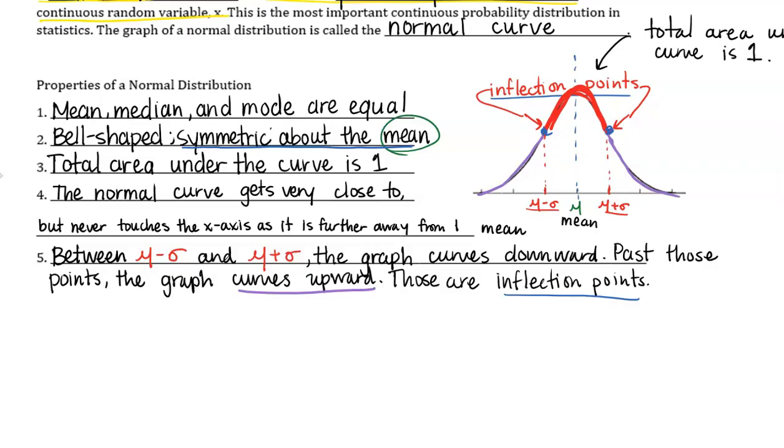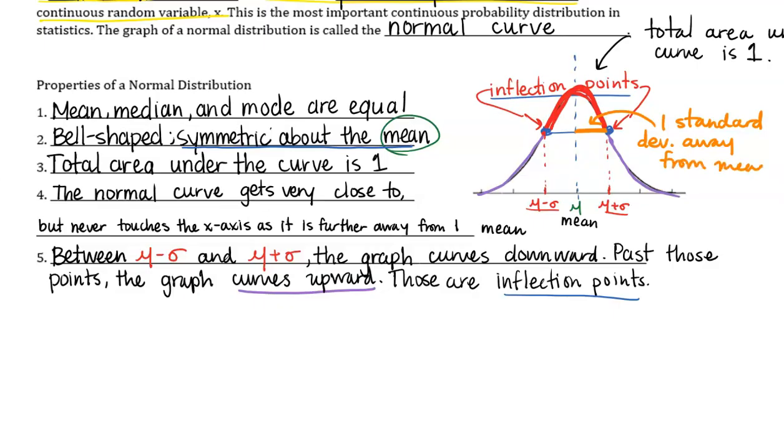So if we're able to look at a graph and pinpoint where that inflection point is, we should be able to tell what the standard deviation is, because the inflection points are one standard deviation away from the mean.